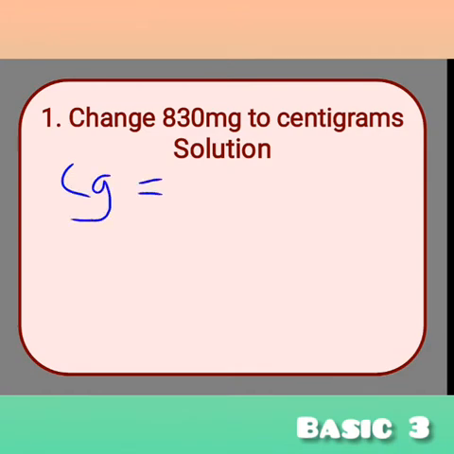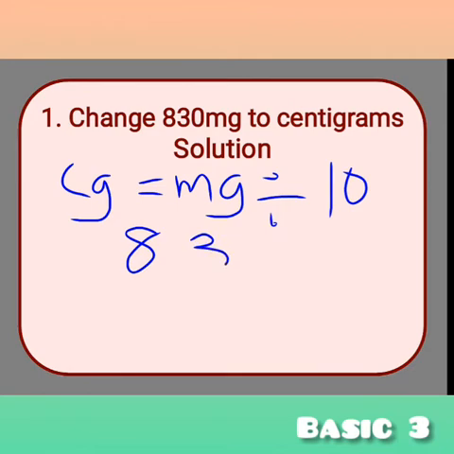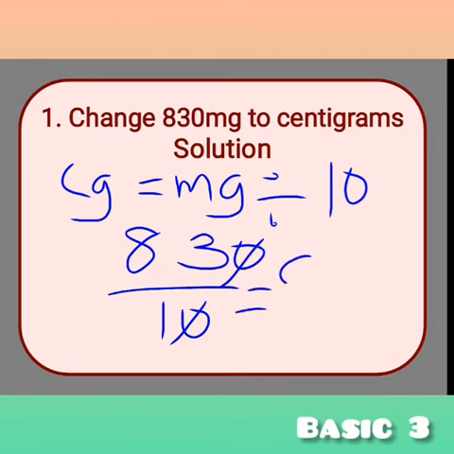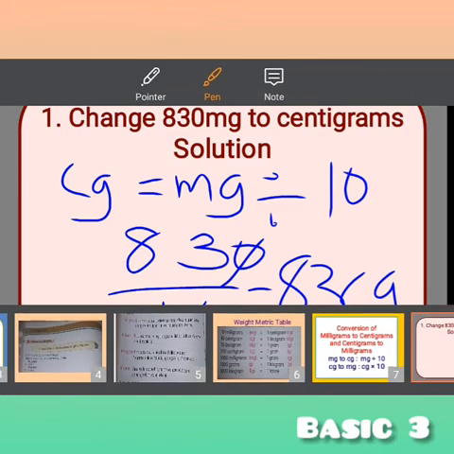You divide the milligrams by 10. So 830 divided by 10, the 0 cancels this, and you're left with 83 centigrams. So we have converted 830 milligrams to centigrams. I hope you understand.